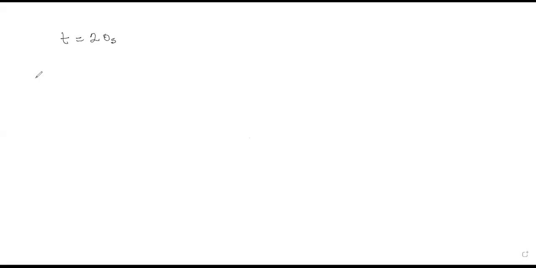Now let me add this. For car A, at time t equal to 20 seconds, its speed is equal to what?